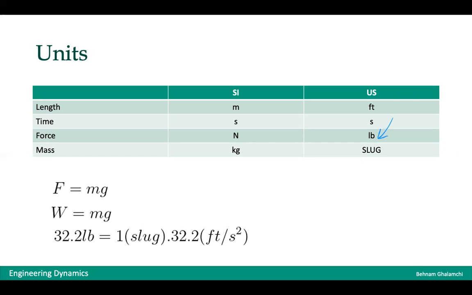The thing that you need to be careful about is the mass. Mass is kilogram in the SI system, and in the US system, this is slug. To have some feeling about the value of the slug, a simple example: Newton's second law tells us that F is equal to ma.